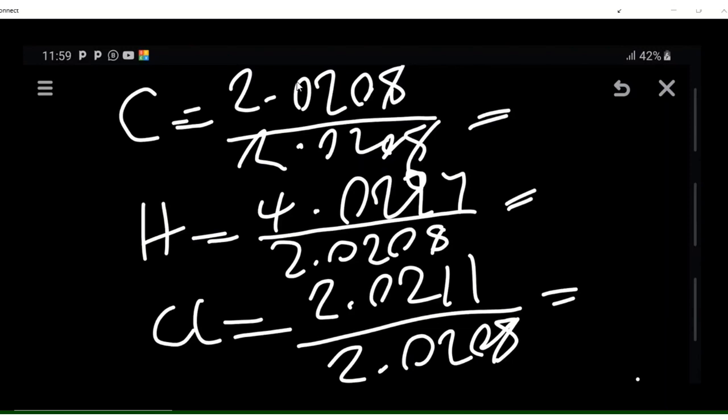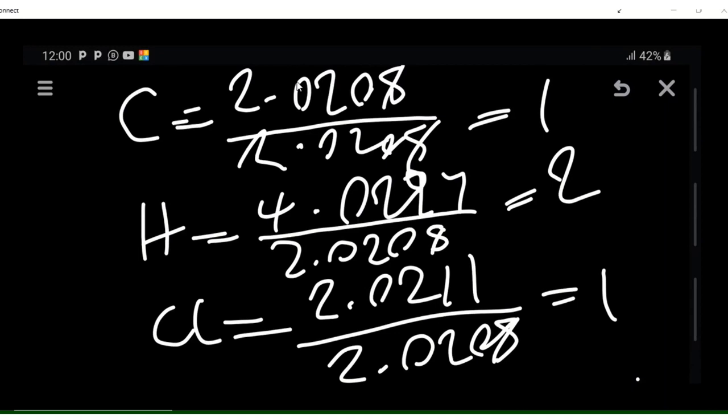When we divide those values, we get 1, 2, 1. These are the values we are getting.